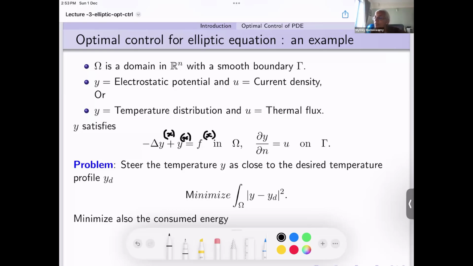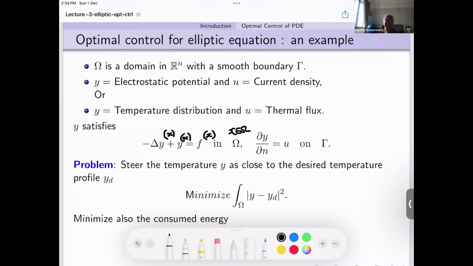So it is an equation posed for X in omega. It can be electrostatic potential or temperature distribution. So I have taken first dy by dn, the normal derivative on the boundary, is given by u.